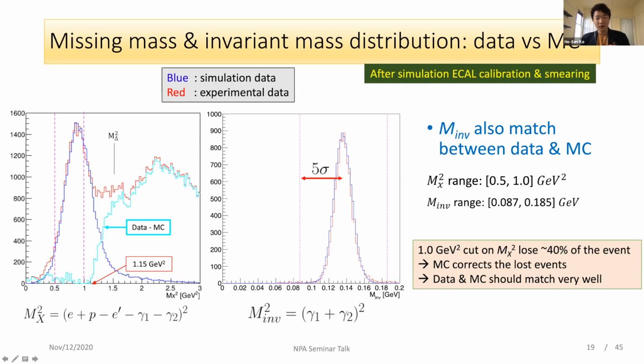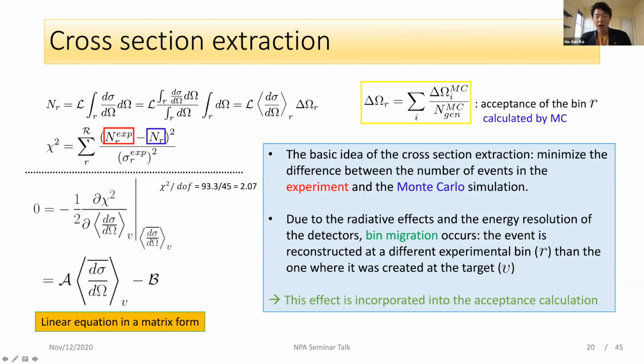This proton event cut actually cuts a lot of proton events. We lose about 40% of the protons, but the Monte Carlo corrects for those lost events when we calculate the acceptance. That's why the data and Monte Carlo should match very well. Now we have the number of events from the experiment.